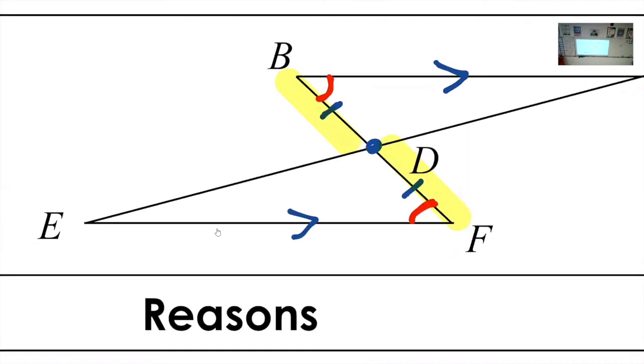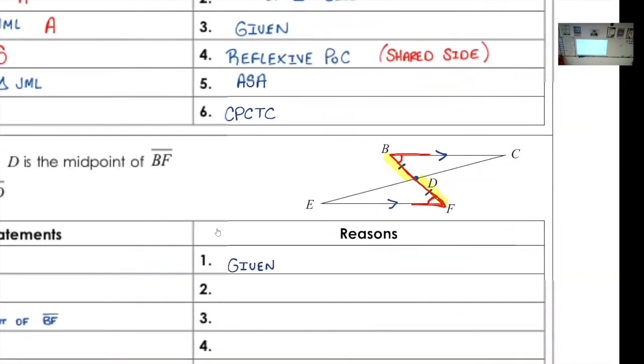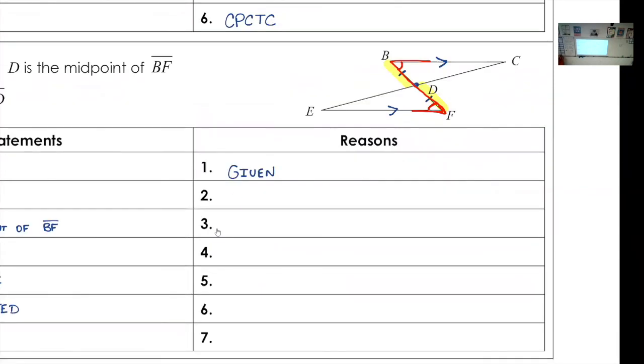It's not given. What happens if I were to draw a Z? Alternate interior, right? So if we can draw that Z and our corners are congruent, that it's what? Alternate interior angles. Fantastic. Alternate interior angles are always congruent.